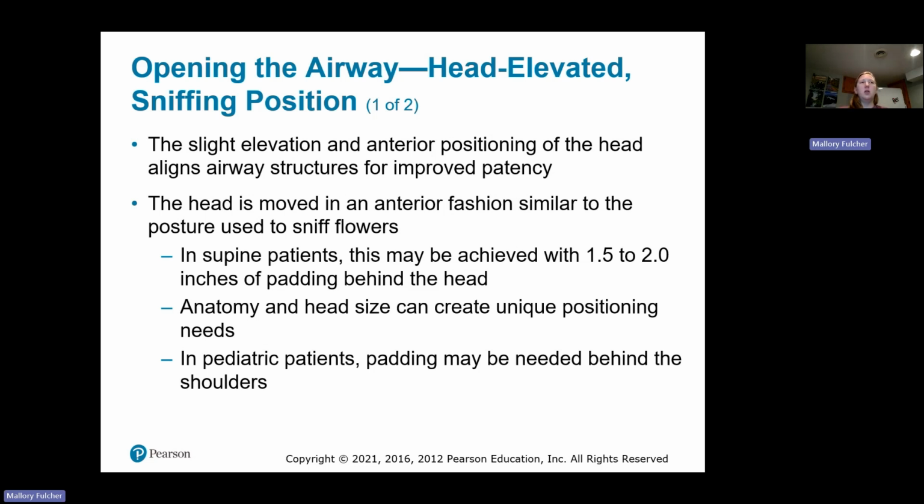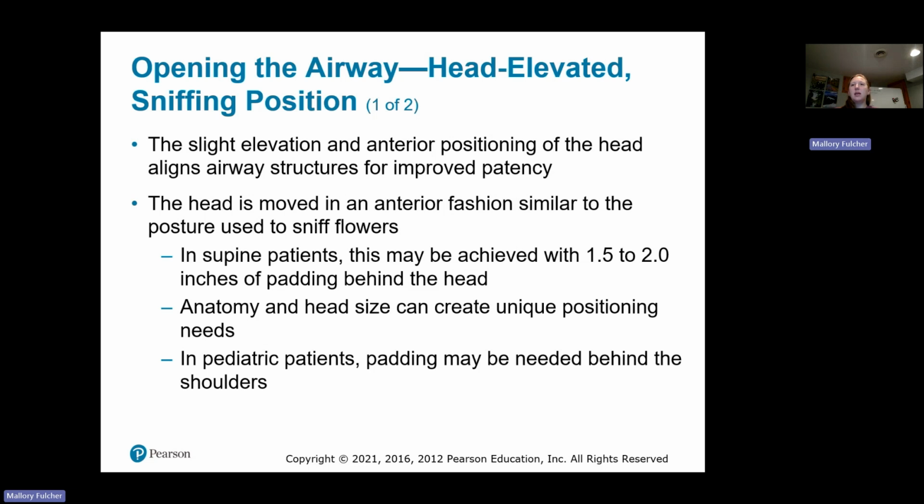And then try and take a deep breath. It is probably a little bit difficult for you to do, right? Not impossible by any means, but probably a little bit difficult. And if you're having to do that for an extended period of time, you're going to get a little short of breath, right? Now try extending your chin out, pushing it out a little bit, sitting up nice and straight, and then taking a deep breath.